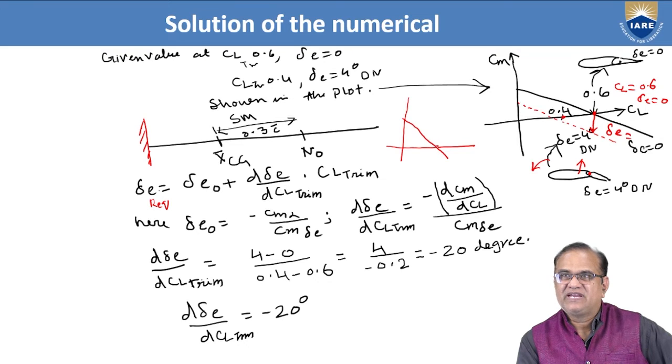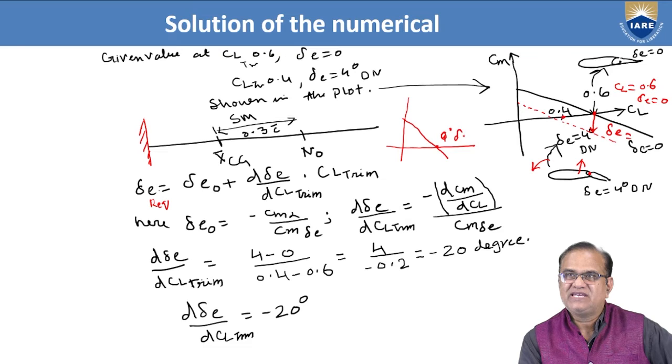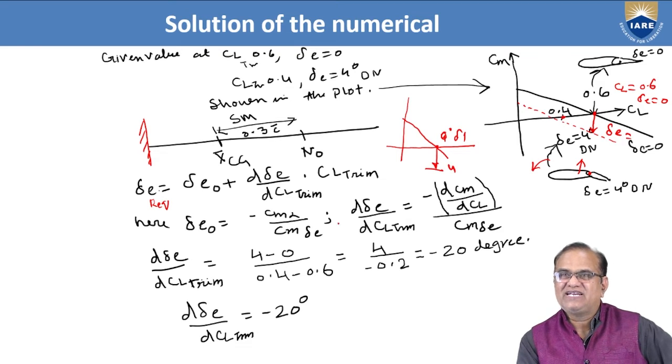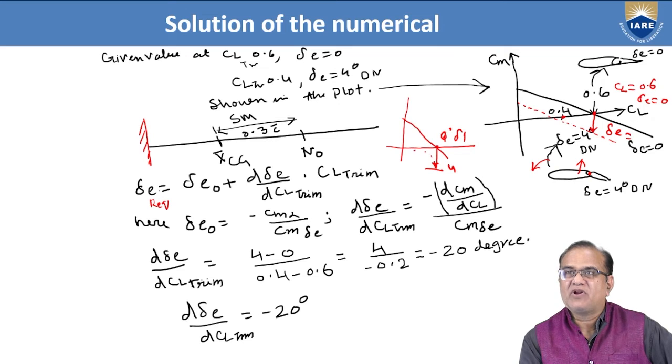So here it is 0 delta E, and here is 4. Okay, so d delta E is 4 minus 0. And if you draw the plot here, this is 0.6 and this is 0.4.